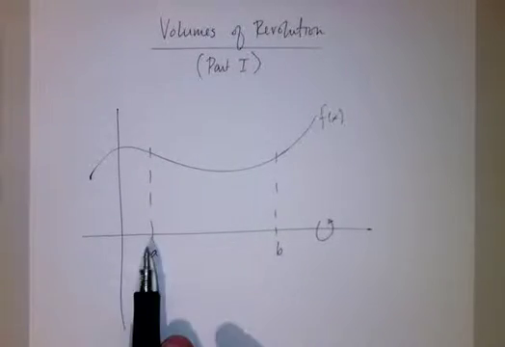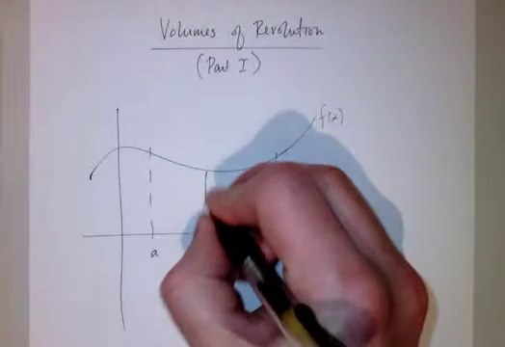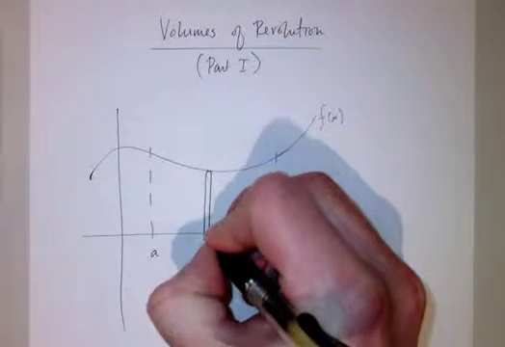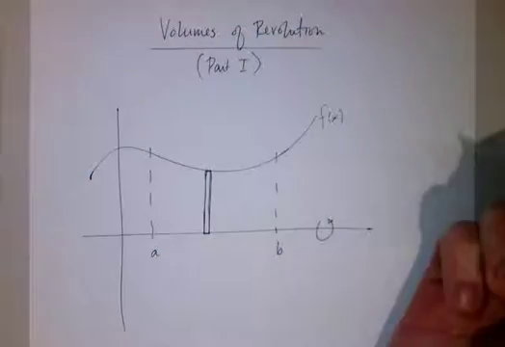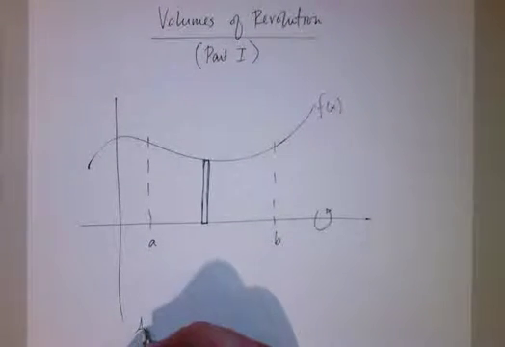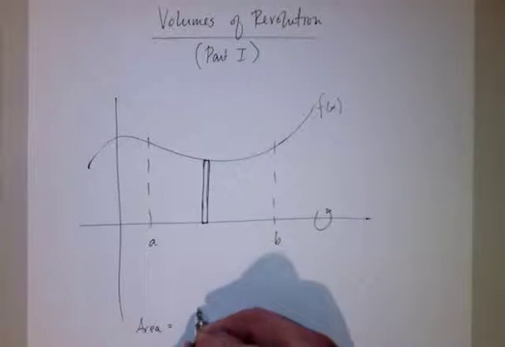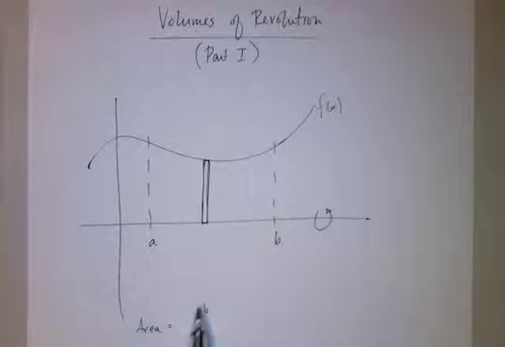Now, when you were dealing with the area under the curve, the cross-section was simply a rectangle, right? And that's how we reasoned out that if we were dealing with the area under the curve, you went from A to B, you were summing up.